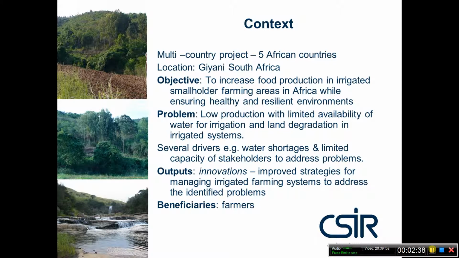There are several drivers of the problem, and these include water shortages and limited capacity of stakeholders to address the problem. The project is meant to result in improved strategies for managing irrigated farming systems to address the identified problems, and the project is meant to benefit smallholder farmers who practice irrigation.